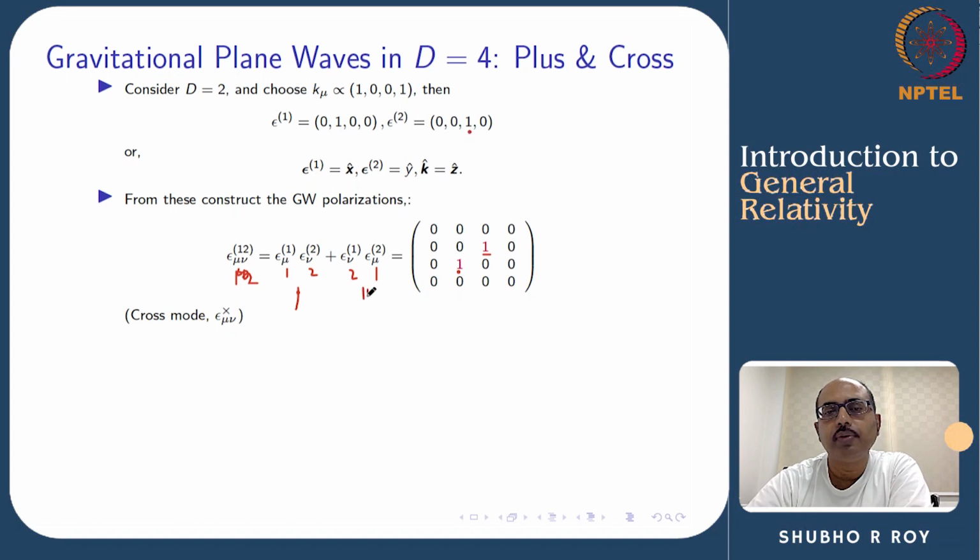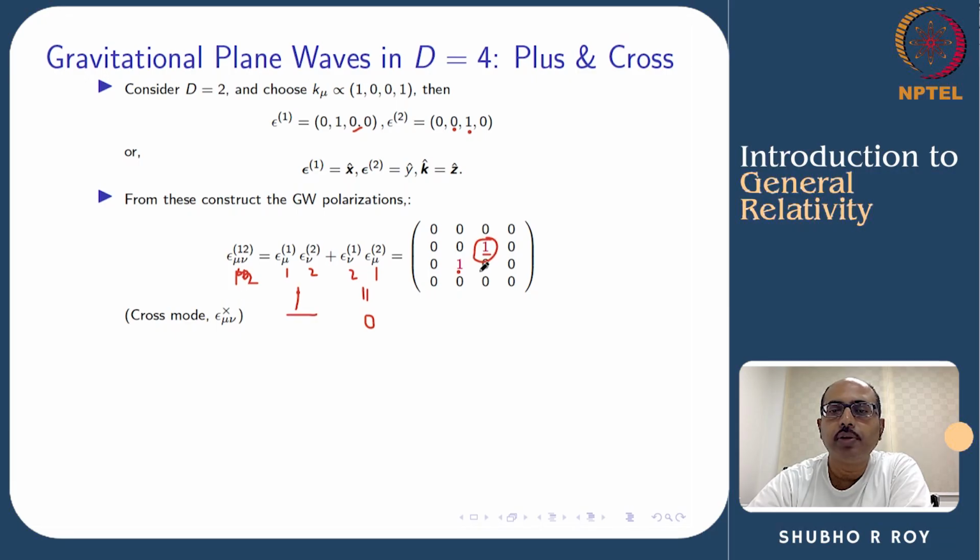This is 0 because we need the second component of the first vector, which is 0, and the first component of the second vector, that is both 0, so this doesn't contribute. So you get 1, which is what I've done here.